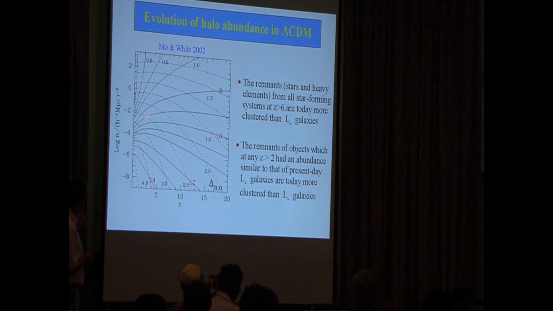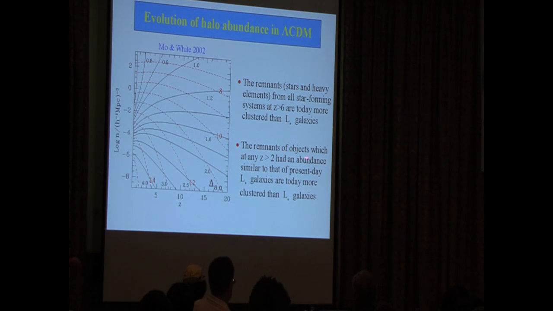The remnants of those objects today would have a clustering strength of 1.4, which means they'd be substantially more clustered today than bright galaxies. So that means the remnants of those early objects should be in the most strongly clustered populations today. In fact, the remnants of any object at redshift 2 that had an abundance similar to the present-day galaxies, or to the galaxies in most high redshift surveys, will be more strongly clustered than bright galaxies are today.